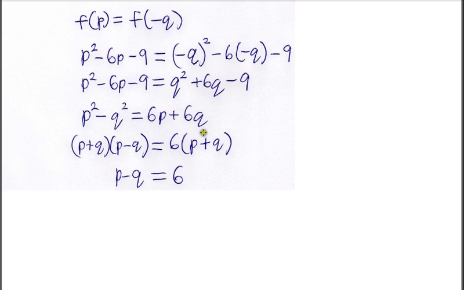Factorizing this further, we obtain p plus q multiplied by p minus q equals 6 times p plus q. Cancelling both sides by p plus q, we obtain what we require, which is p minus q equals 6. And this is your answer for part C.